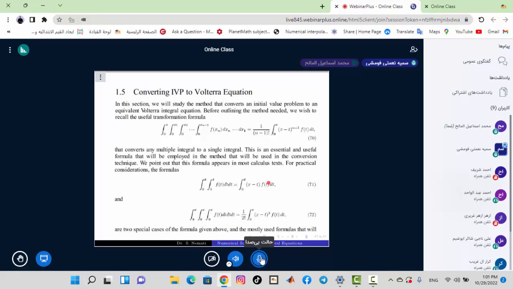Suppose that the right hand side equals I of x. We don't know I of x, okay? We just set it equal to the integral of x minus t, f of t dt.